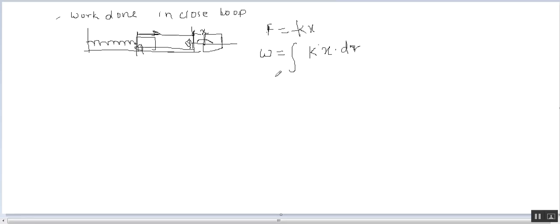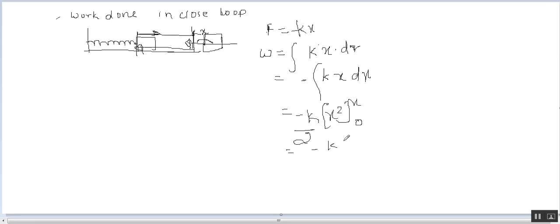So I write minus kx dx. Integrating, this becomes minus kx square by 2, from x equal to 0 to x. So what I get is minus kx square by 2.